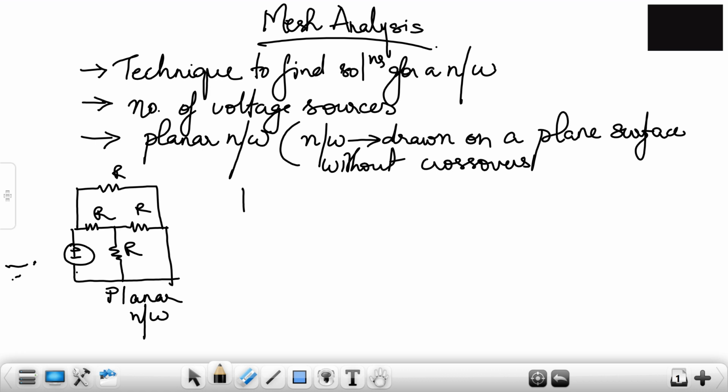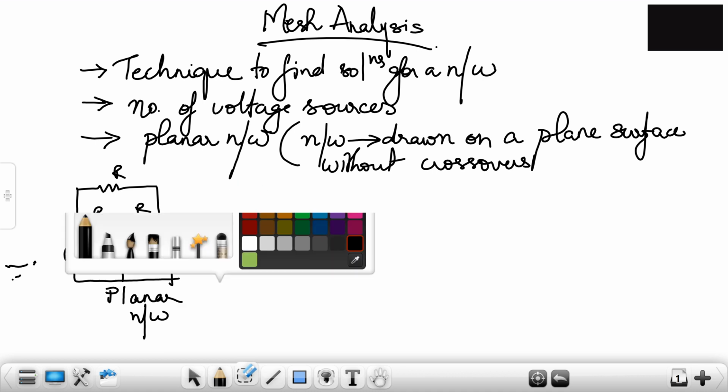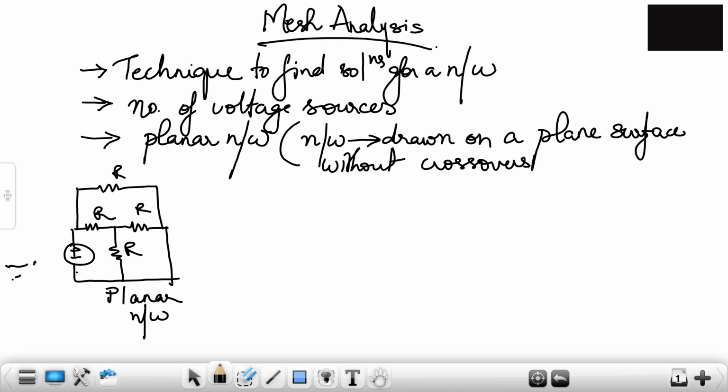Now, if we consider a non-planar network, I'll show you how a non-planar network looks like.